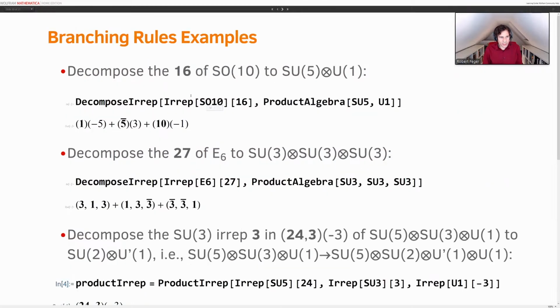Here are some branching rule examples: how to decompose the 16 of SO10 to SU5 cross U1. This is very popular in grand unified theories, using SO10 and especially the 16, because if you go to SU5, this can represent one family of the standard model. And then you have a right-handed neutrino in this representation, for example.